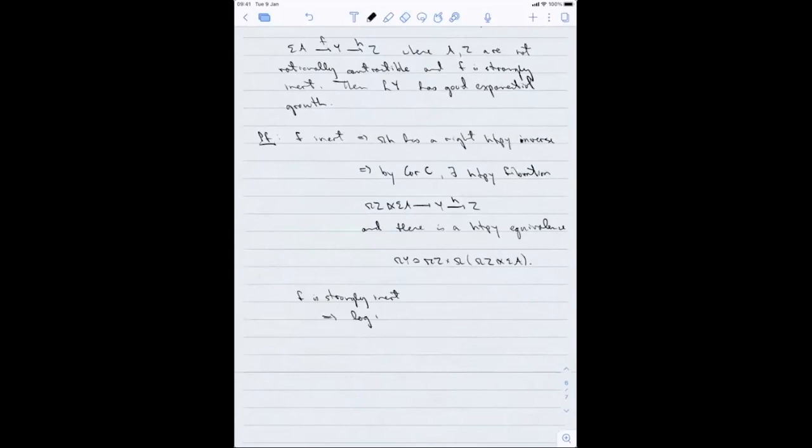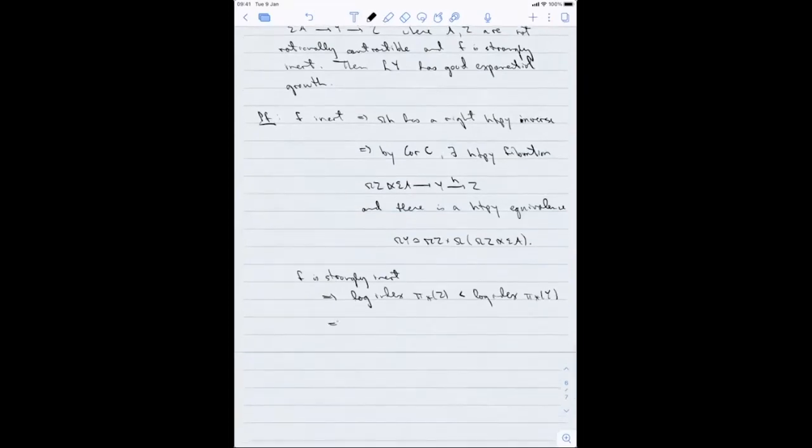So the log index of pi star of Z is strictly less than the log index of pi star of Y. So by the Felix, Halpern, Thomas theorem, the free loop space on Y has good exponential growth if and only if the fiber does.